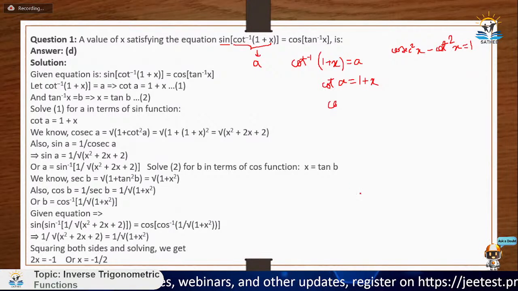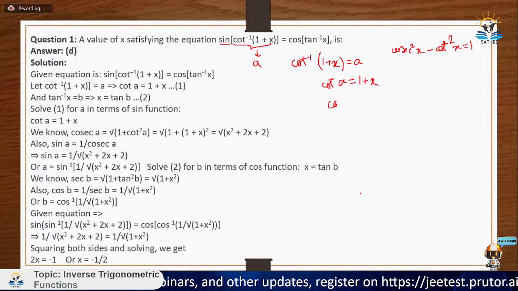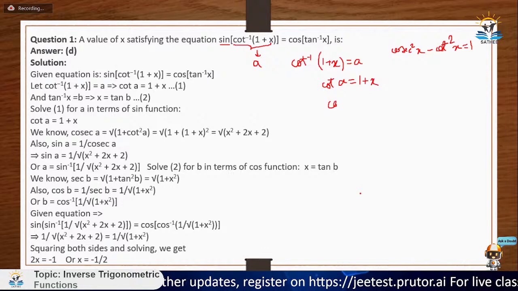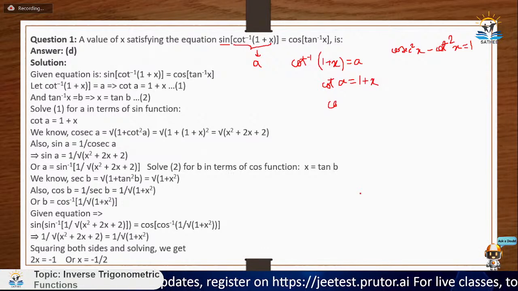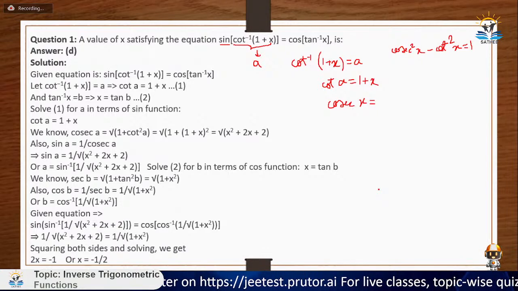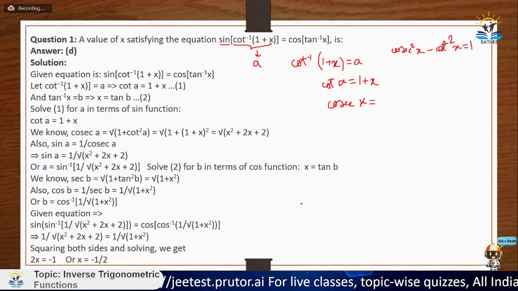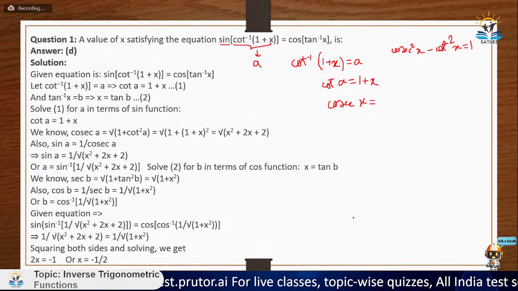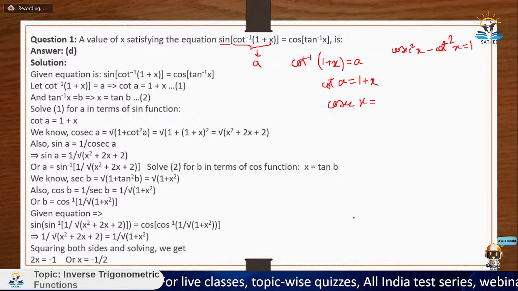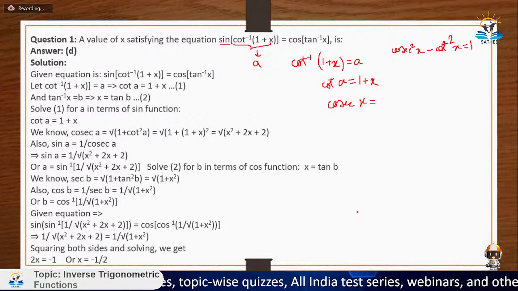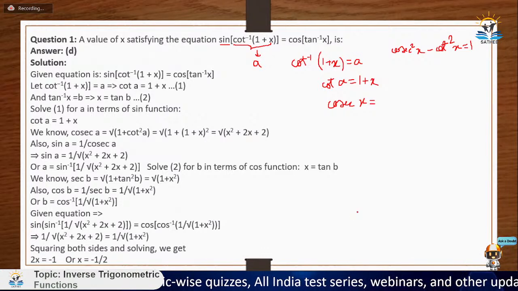Okay, so you will get something like this, and from here you can cross multiply. So x square cancels out, and you are left with 2x plus 2 equal to 1. So basically 2x will be equal to minus 1, and from here you can see that x is equal to minus half, which you are getting here. Okay, so I hope you understood the main thing behind the question, how to solve it.